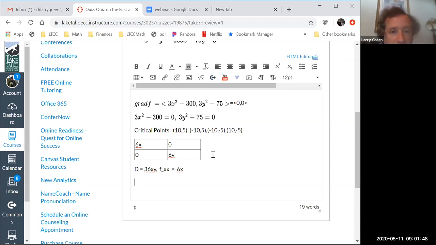Okay, so now we look at our 4 points, and let's start with 10, 5. If you look at 10, 5, everything is positive. 36 times 10 times 5 is positive, and 6 times 10 is positive. Again, we don't really care about the number, we just care about whether it's positive or negative or 0. So if everything is positive, you remember what the classification is for that critical point.